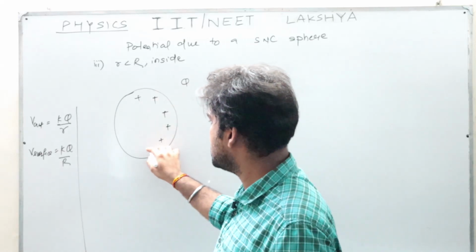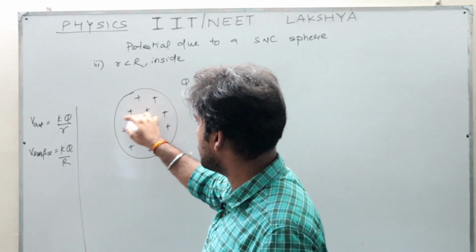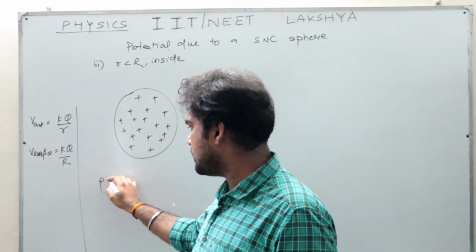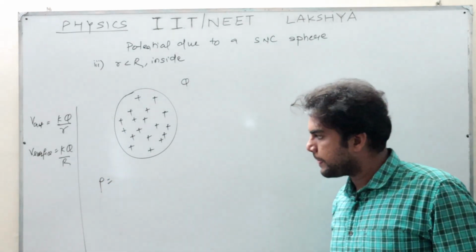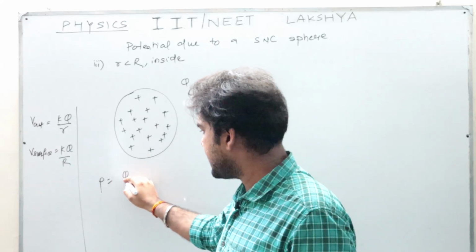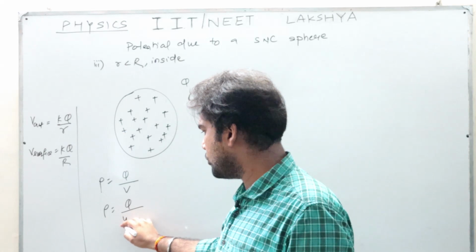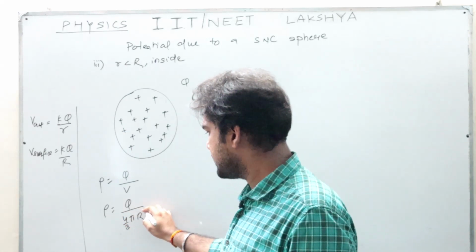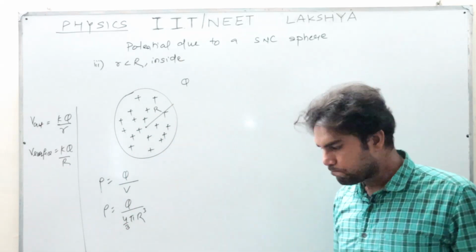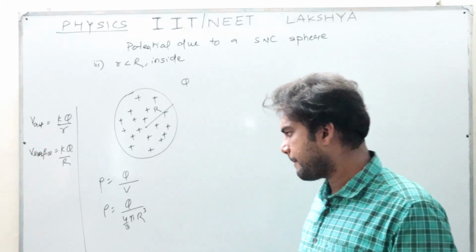The charge gets distributed uniformly throughout the volume, and we can define the volume charge density as the entire charge q upon the volume of the sphere, that is q upon 4 by 3 pi R cube, where capital R is the radius of the sphere.